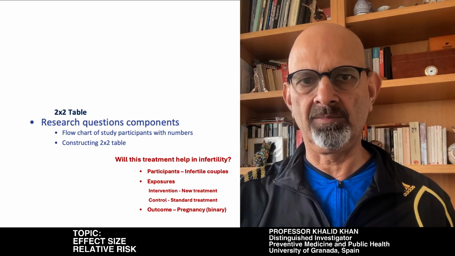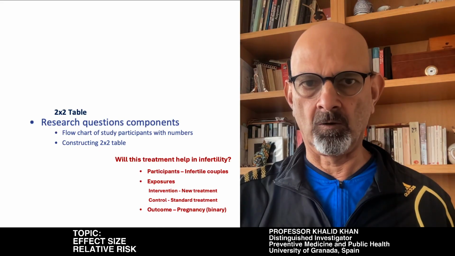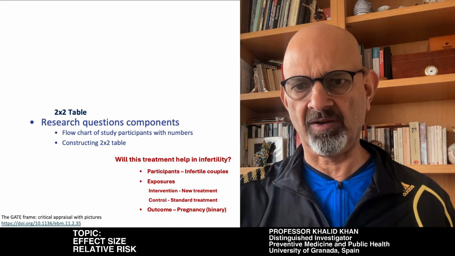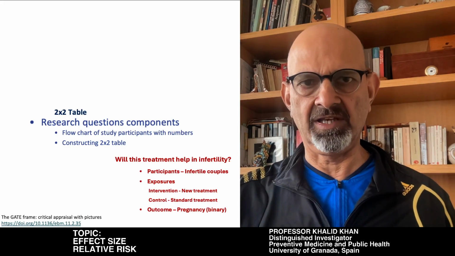And the outcome will be a binary outcome, such as becoming pregnant or not. We're going to use this framework published in the evidence-based medicine journal called the GATE frame.